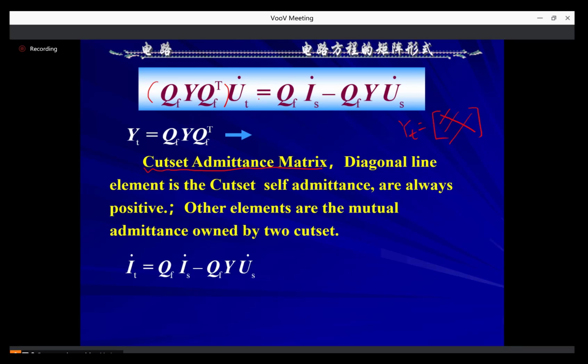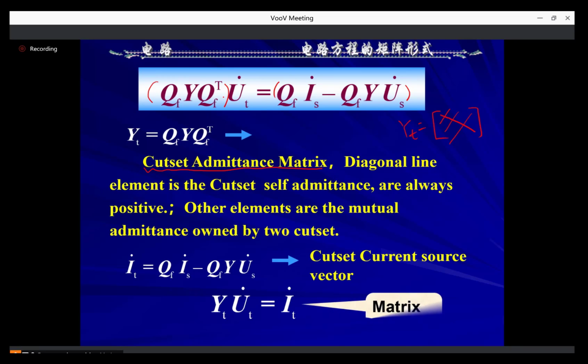We define IT, the right side. The IT means the cut set current source vector. So we can write this function in simple form: YT multiplied by UT equal to IT. The UT is a variable. YT is calculated from this expression, and IT from the right side expression.